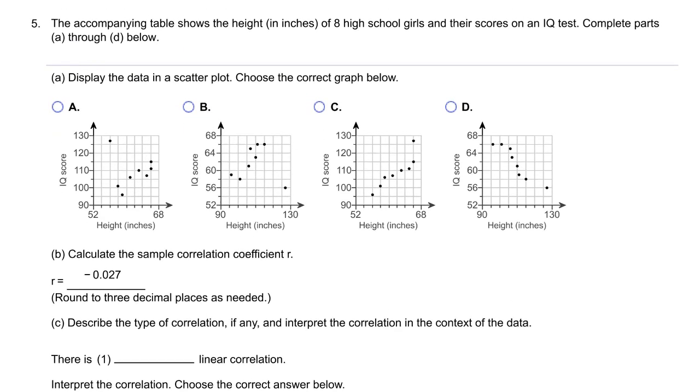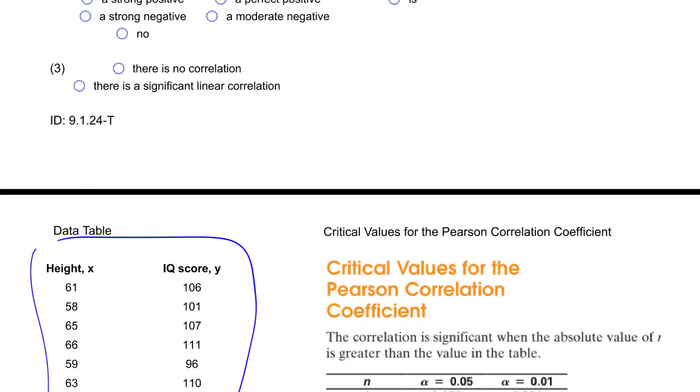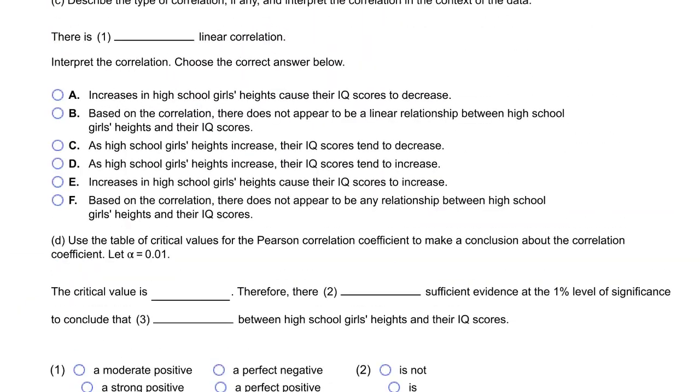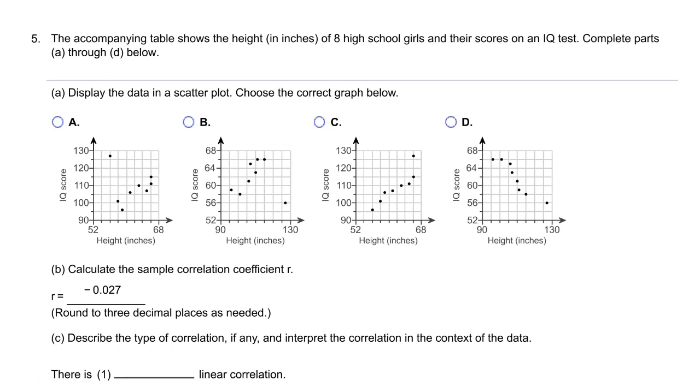Are they correlated? Well, if we were to plot these out, again here, we would just look for 61, 106. 106 seems like it could be that point, a point in there.